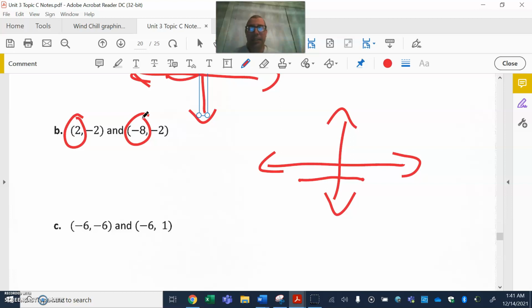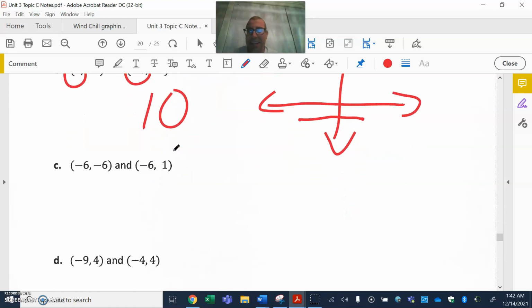Again, go to the number line on your desk, put your finger at the 2 and at the -8, and count how far it takes to get there. Go ahead. Yes, it's 10. To get from the 2 to the 0 is 2 spots. To get from the 0 to the -8 is 8 spots. So altogether, we've traveled 10 spots.